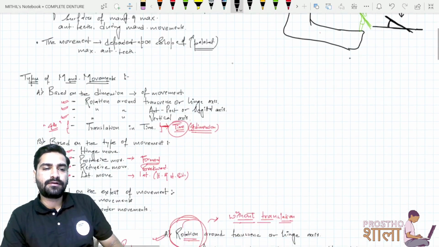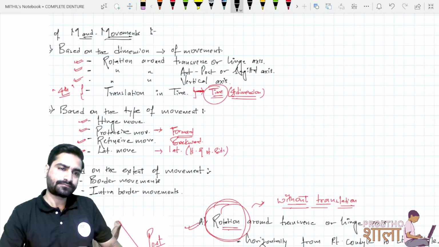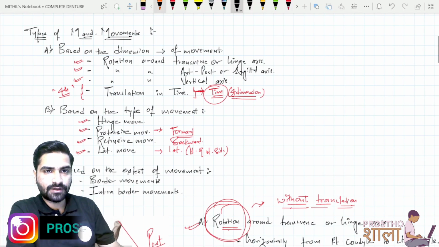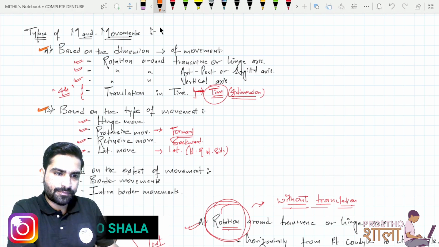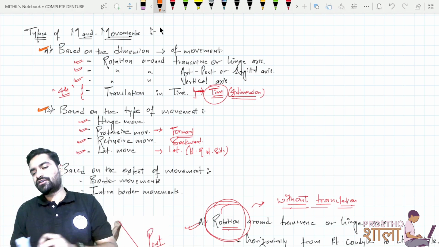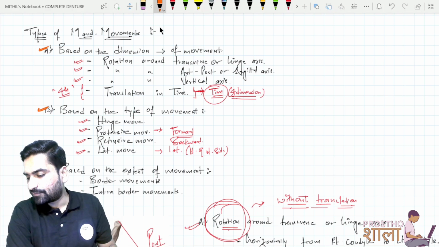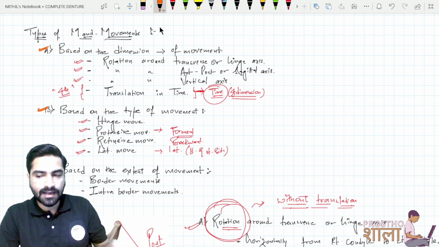Now if you want to classify the mandibular movement, it is based on the dimension of the movement, based on the type of movement, and based on the extent of the movement, right? When I talk about dimension, that means in which dimension that movement is occurring.